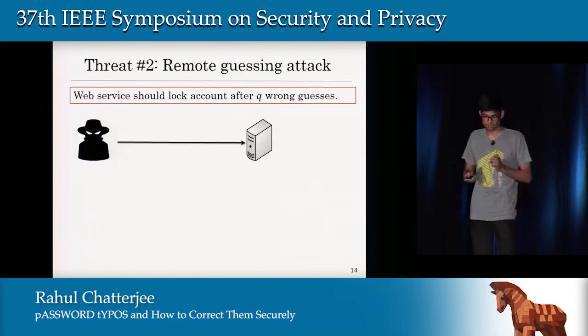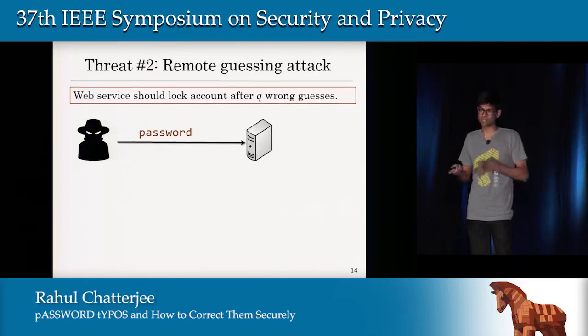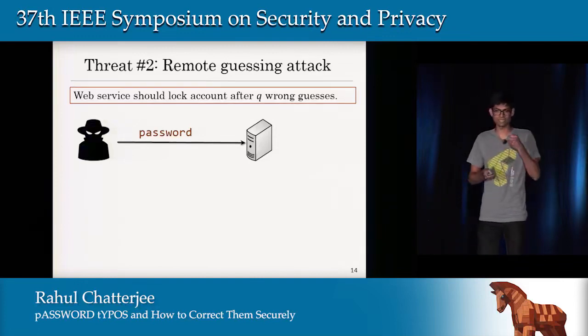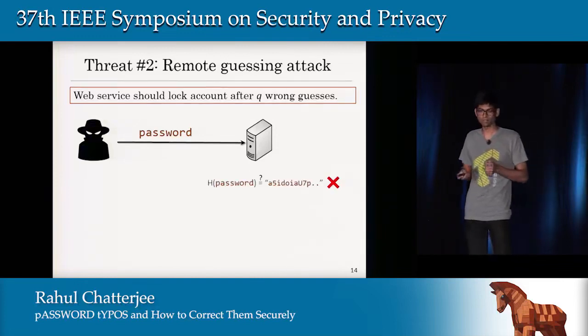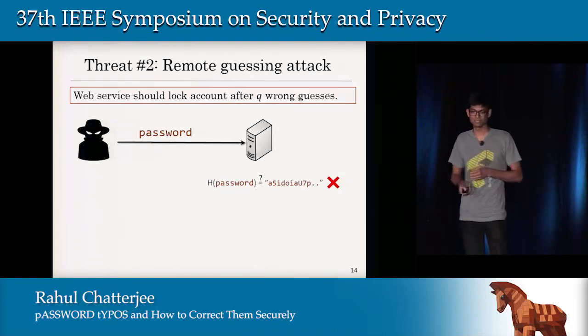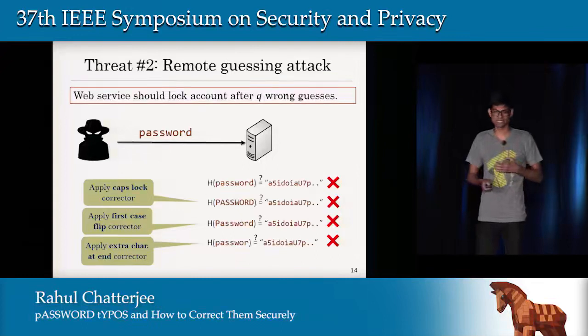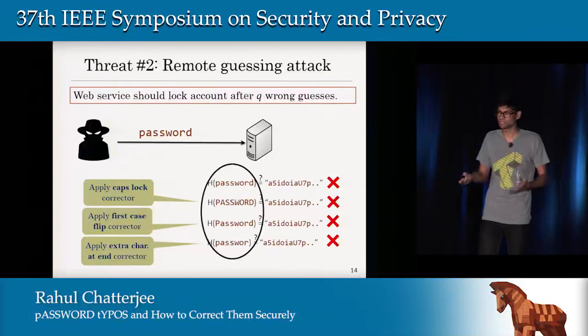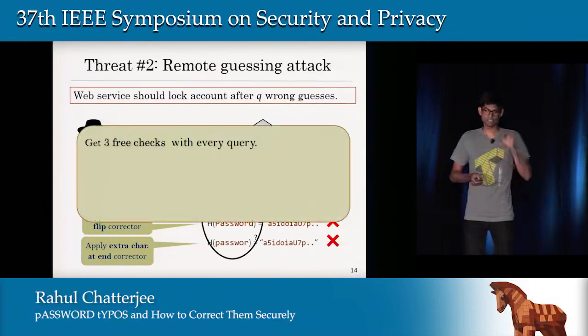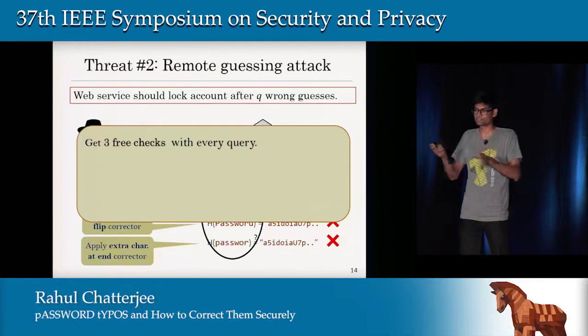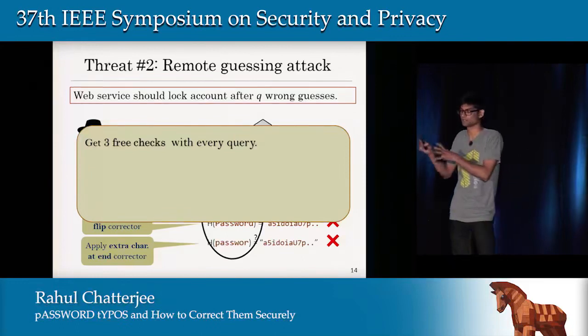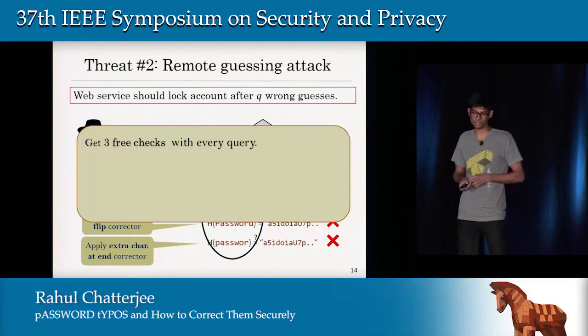Now, because the server is allowing typos, when the attacker submits a password, the server not only checks the password that was submitted, but also some extra passwords. So it looks like the attacker is getting some free guesses for every query. So let's do some maths. With every query, the server will give 3 free guesses, assuming that the server is implementing the top 3 typos.